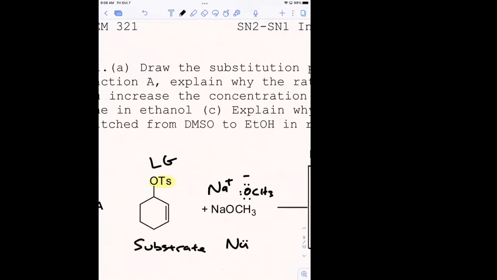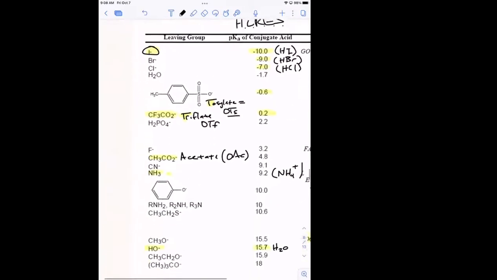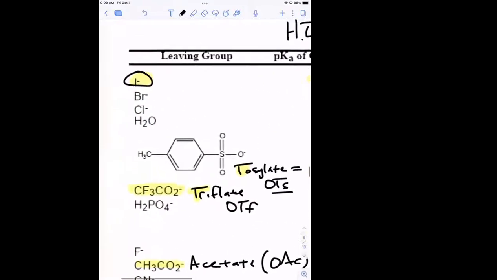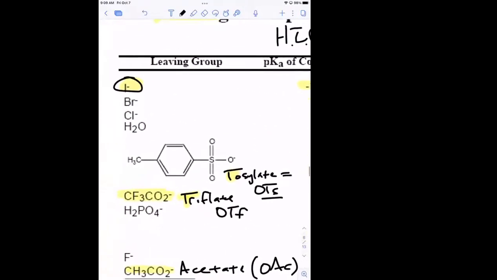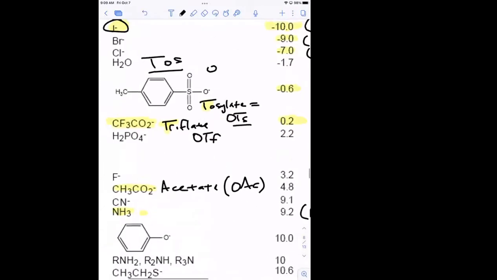So the tosylate I showed you on the chart the other day is actually a really good leaving group. This right here is the O, and then this is the Ts part, toluene sulfonate. So it's actually an excellent leaving group.